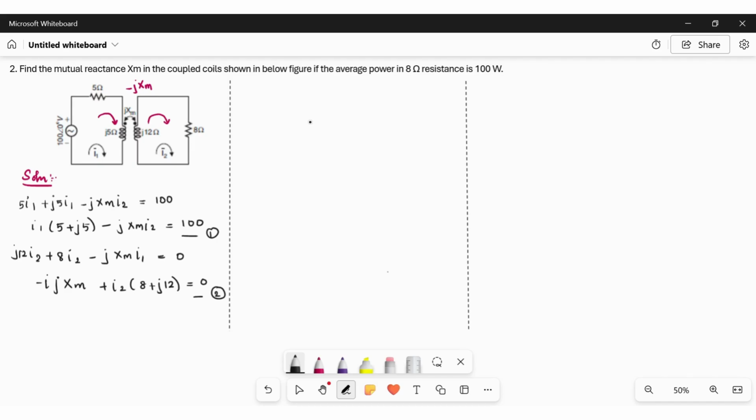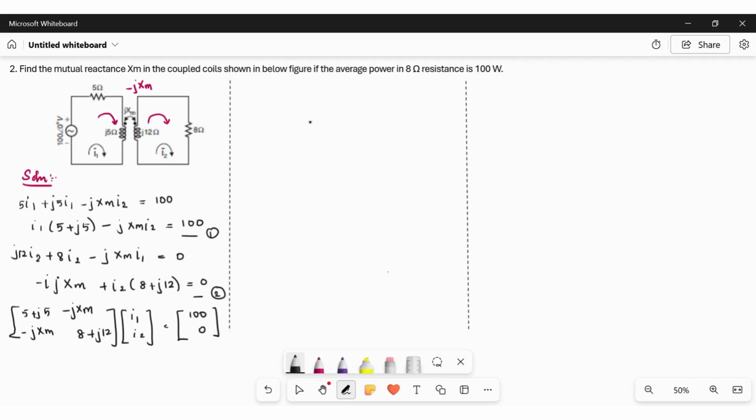second equation. If we write the equation in matrix form, we will get 5 plus j5 minus jXM, and minus jXM, 8 plus j12. Corresponding currents are I1, I2, and the sources are 100 for the primary and 0 for the secondary.